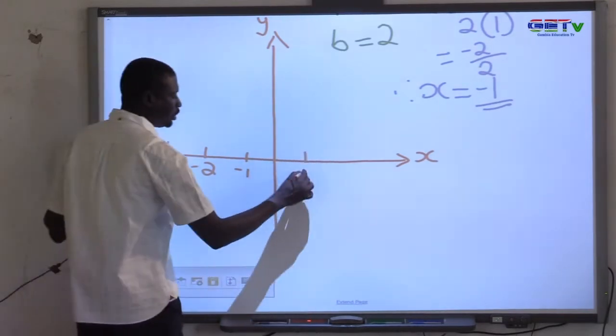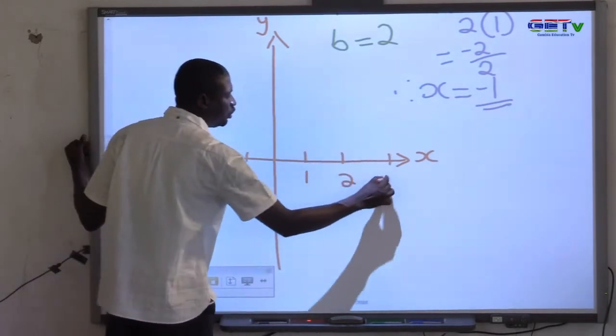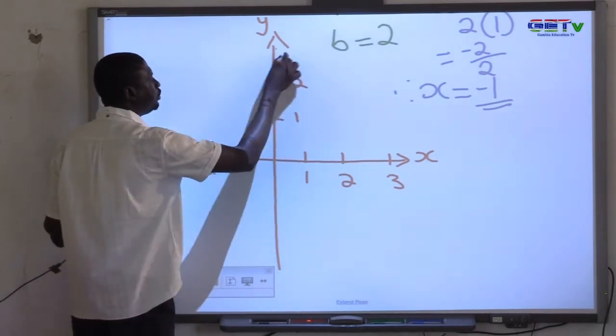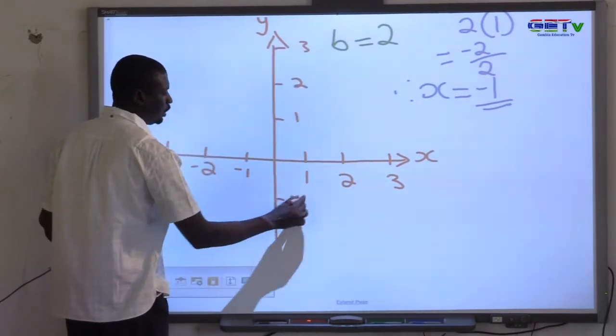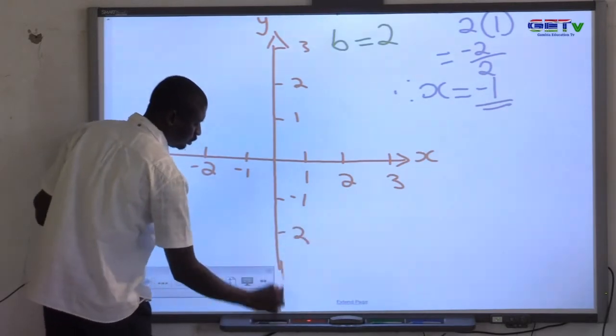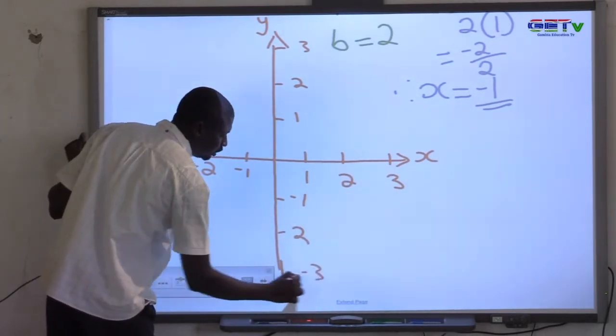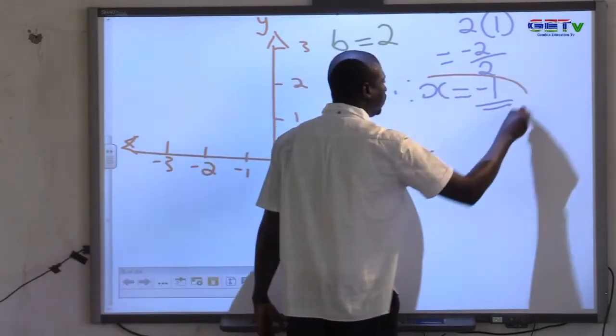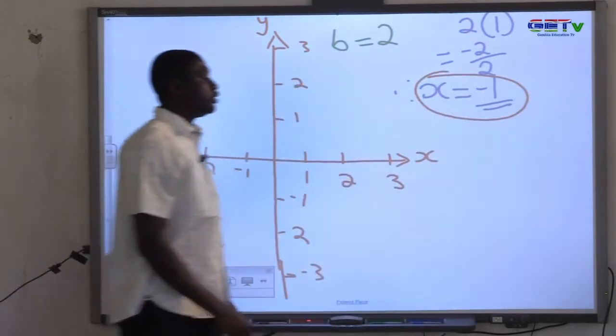Then we have positive 1, positive 2, positive 3, like that, and negative 1, negative 2, negative 3 on the y-axis. This value that we solved, that's the line of symmetry. x is equal to negative 1.